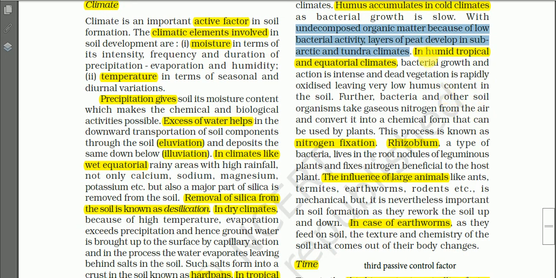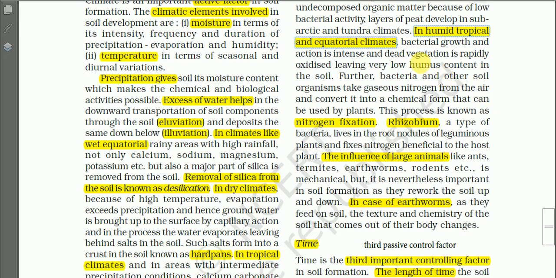And in the humid tropical equatorial climate, the action of bacteria is intense, and vegetation is rapidly oxidized, leaving very low humus content in the soil.